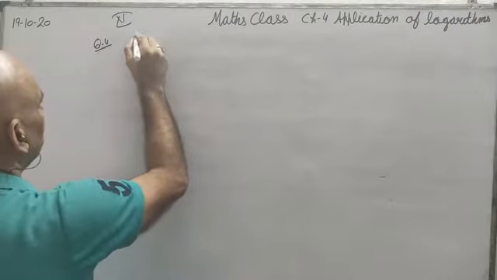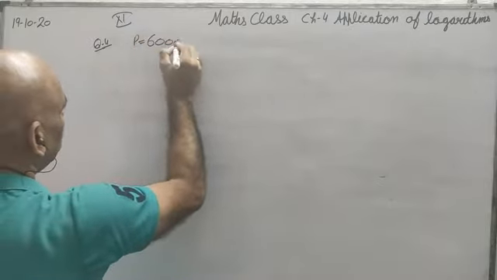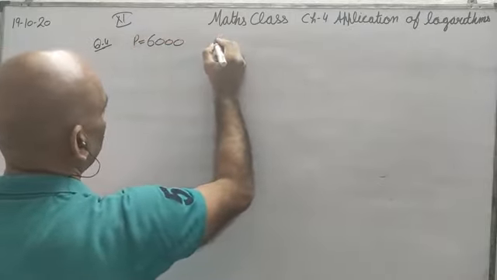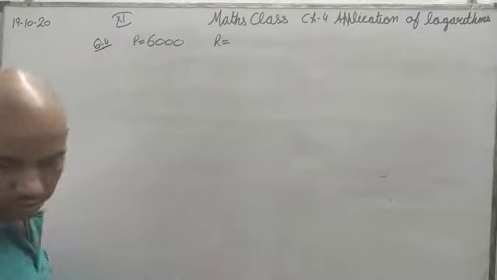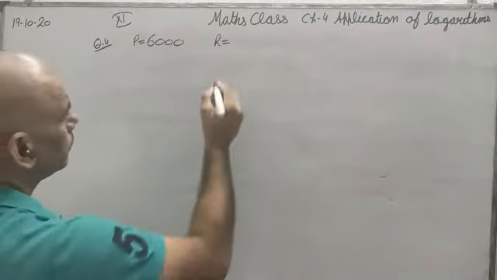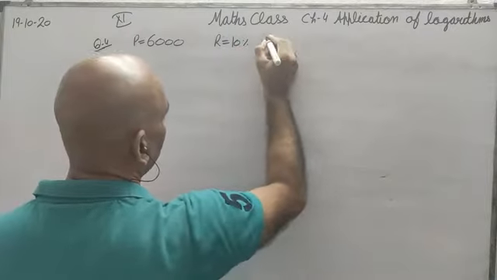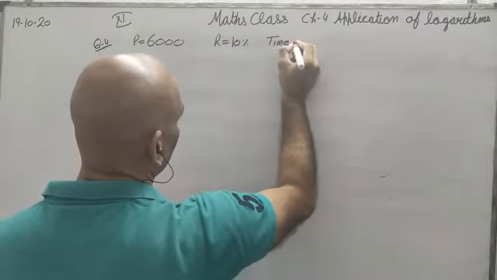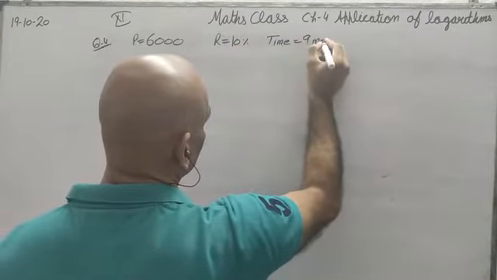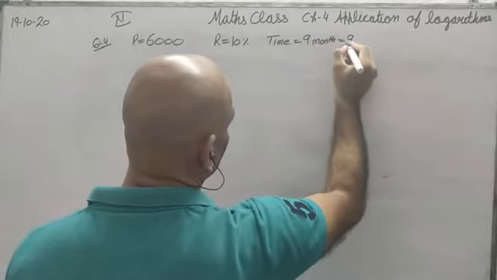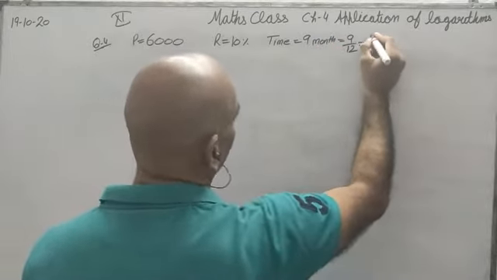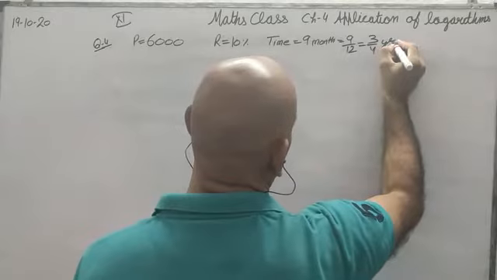So principal is 6,000 rupees. Rate is 10% and time is 9 months. So 9 months when converted into years will be 3/4 year.